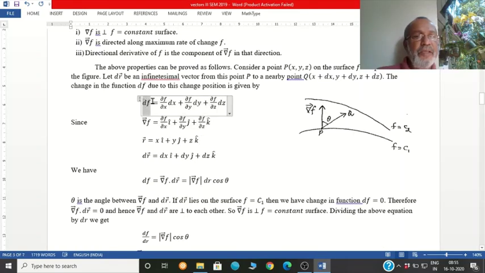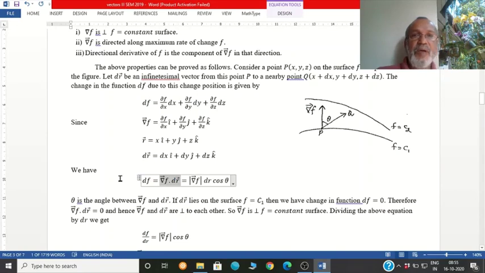Now this df can be written as del f dot dr. How? See, del f is ∂f/∂x i cap, ∂f/∂y j cap, and ∂f/∂z k cap. And we have r, the position vector of xyz, which can be written as x i cap, y j cap, z k cap.